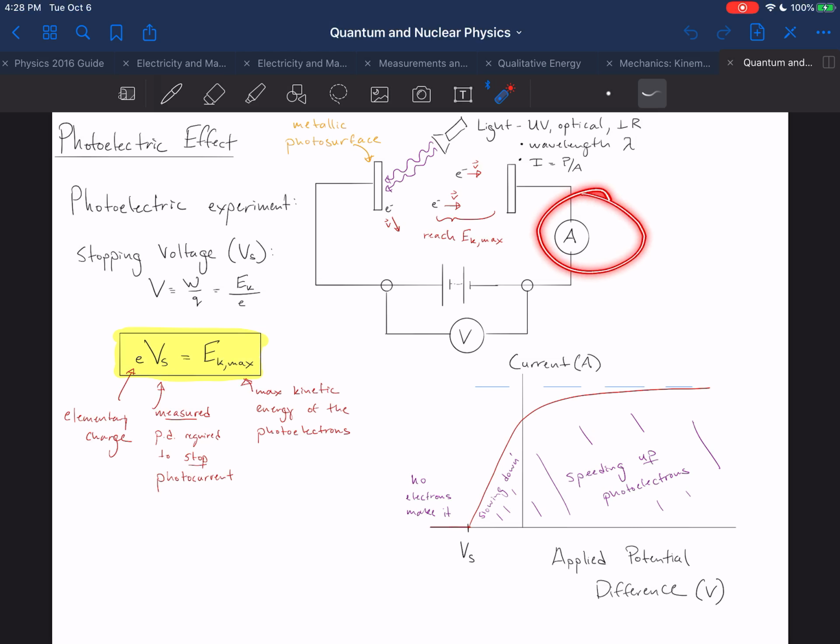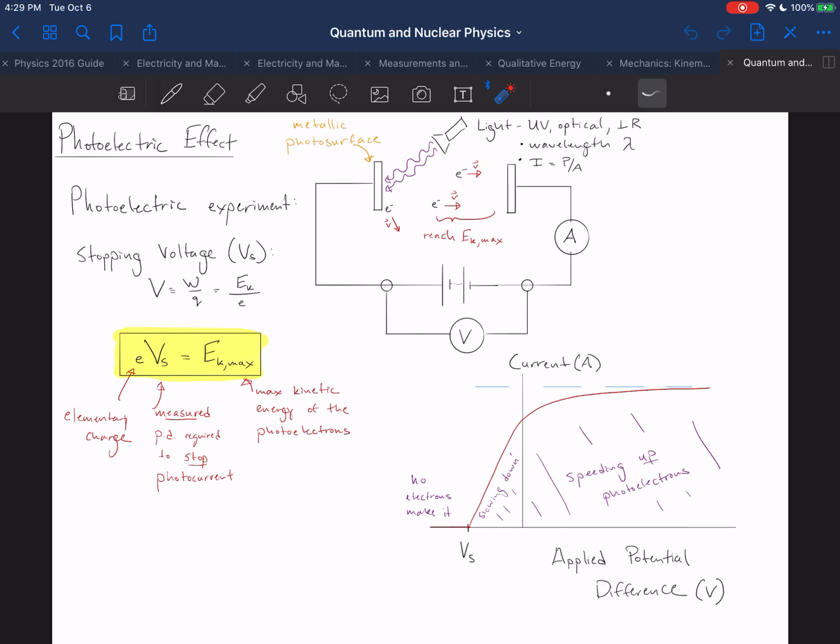So the current is limited by the fact that there are only so many electrons being emitted due to the photoelectric effect, and if you're pulling them all to this electrode, then you're going to detect a maximum current. So no matter how you crank up the potential difference, you're going to detect only a maximum current of as many electrons make it per unit time to this particular electrode.